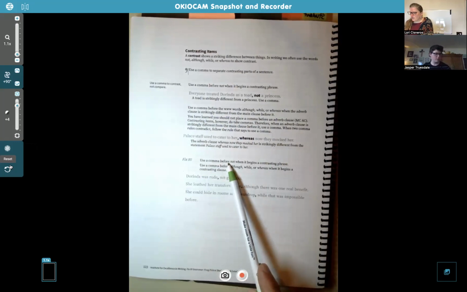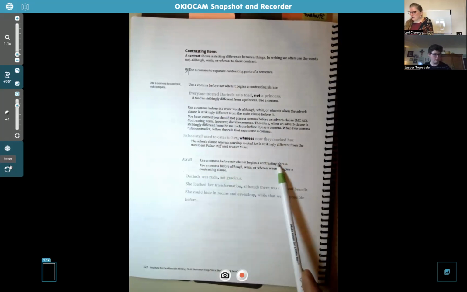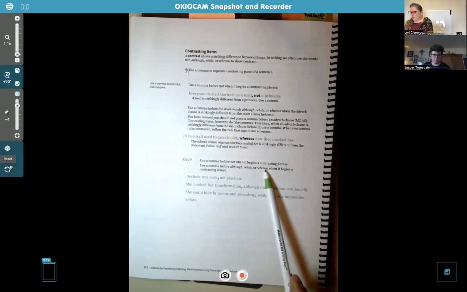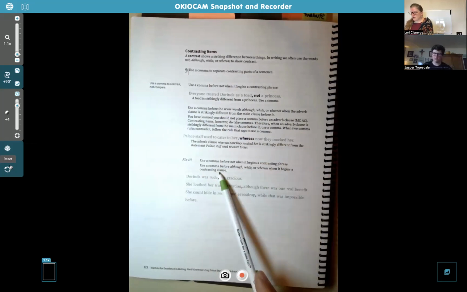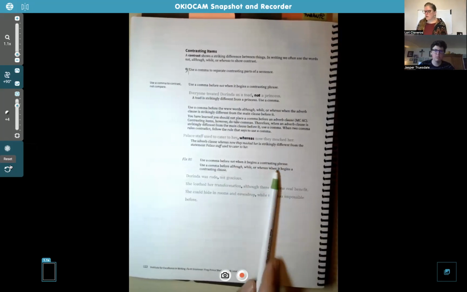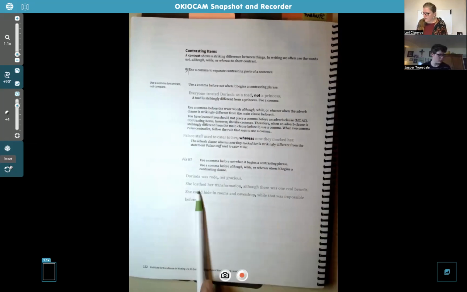Use a comma before not when it begins a contrasting phrase. Use a comma before although, while, or whereas when it begins a contrasting clause. So we're talking about the difference between phrases and clauses here, but it looks like really you're going to use a comma either way. And then your examples here: Dorinda was rude, not gracious.